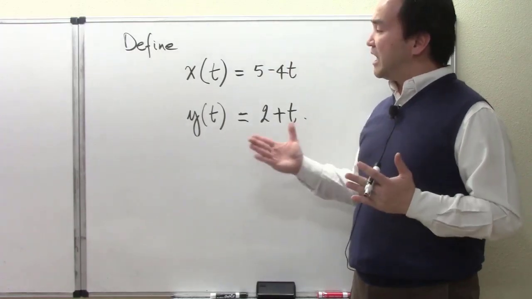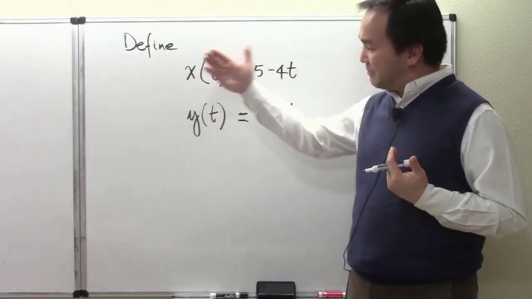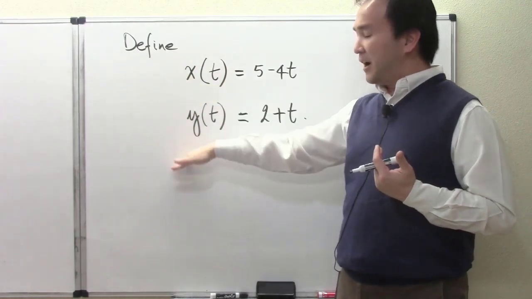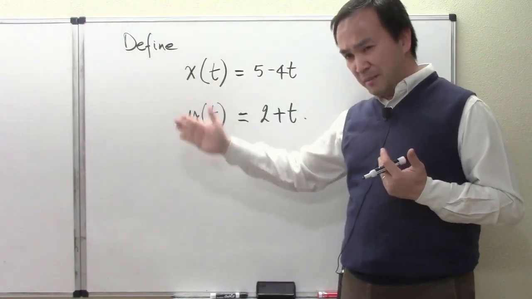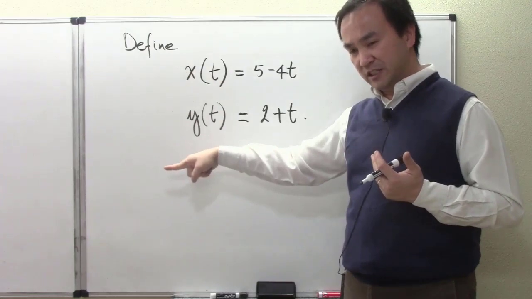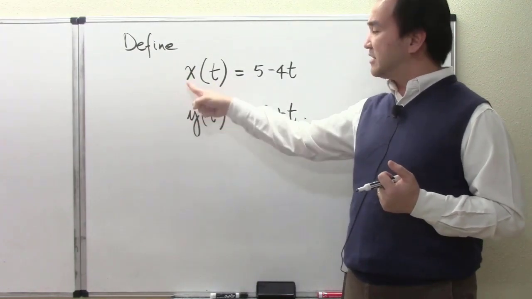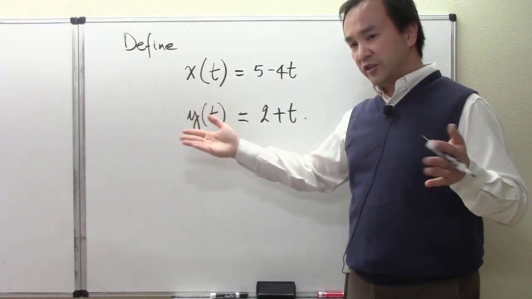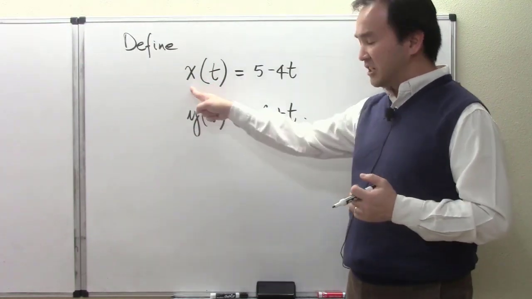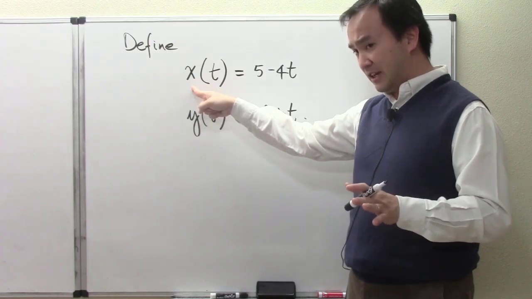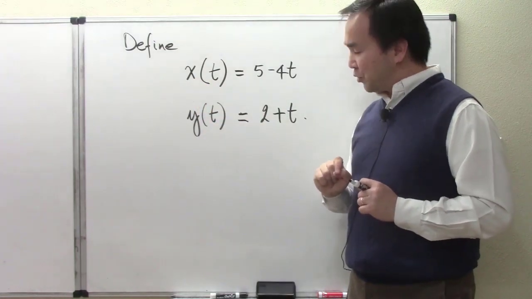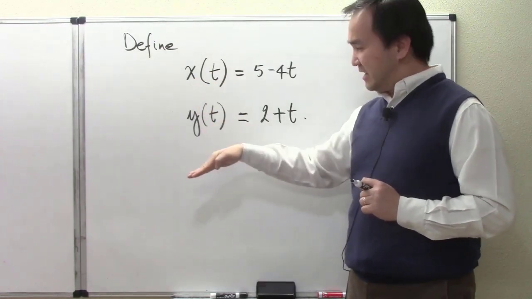It's my style to begin by simply defining two separate functions, and I want my viewers to see these only as two separate functions. Again, there's a reason why I didn't name these f or g or h, the usual function names. Instead I named my variables lowercase x and lowercase y. So I have two separate functions.